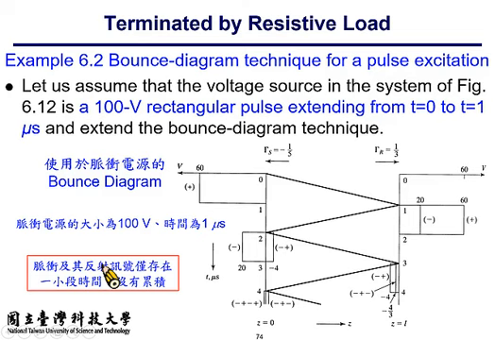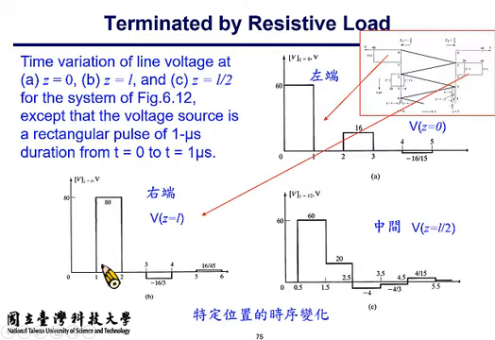However, we notice that the voltage signal becomes smaller and smaller, and the total energy on the transmission line circuit is also becoming smaller and smaller. Why? Because the limited energy provided by the voltage source from 0 to 1 microsecond is absorbed at the right end and at the left end, by the load resistor RL and by the source resistor RS.